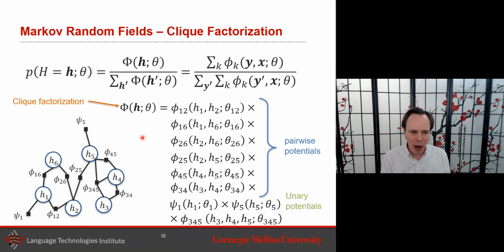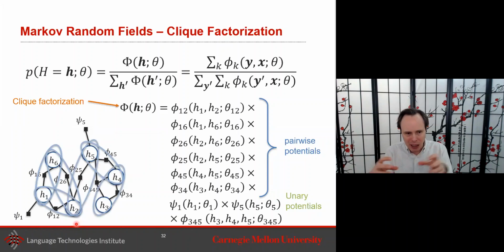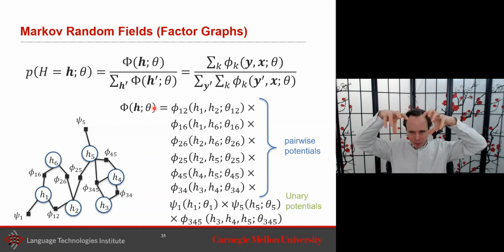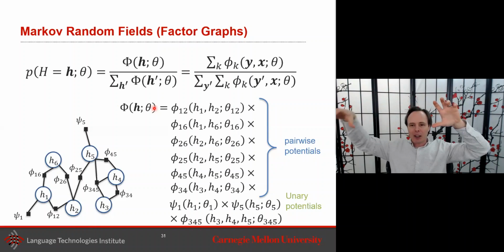So this is a factor graph. And this is also called a clique factorization. I know it's a lot of terms. I apologize for that. But now when you look at this, there's a clique. And the cliques are, what are the variables together? What is the smallest set that I need to compute my potential? And for all of these, it's all pairwise. So the idea of a clique is a little bit like when I look at my graphical model and I factorize it.